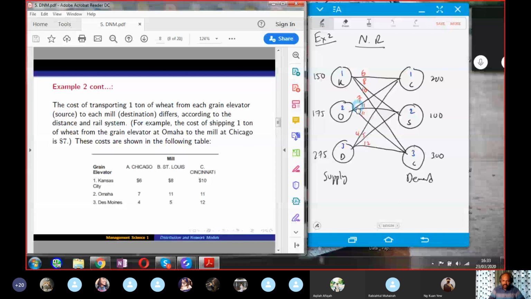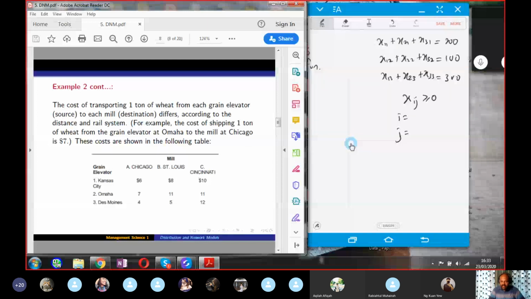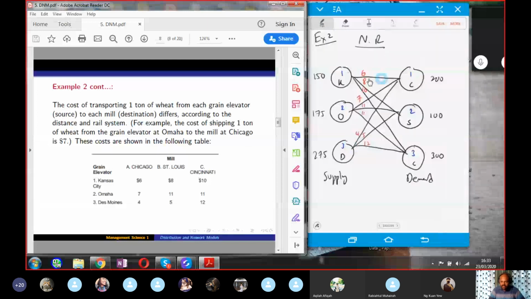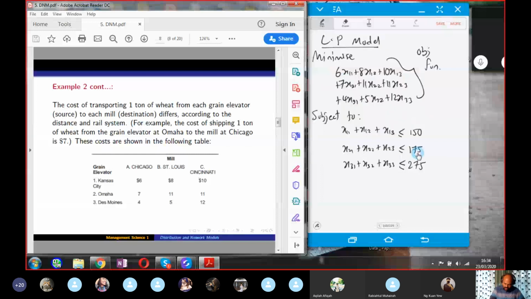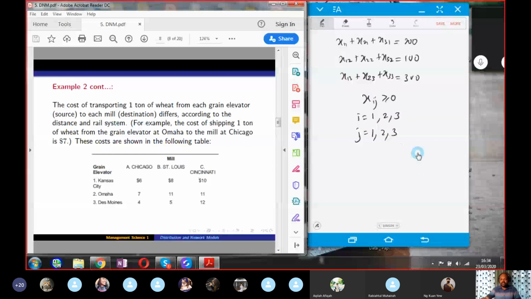And each line ends up here and here and here. So 1, 2, 3. That's it. That is your network representation. Sorry, that is your LP model.